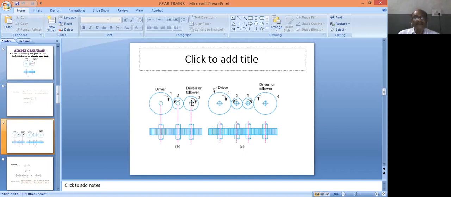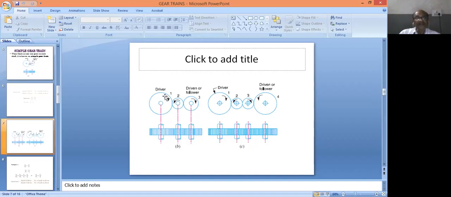Another way is to use an intermediate shaft. Using large sized gears is uneconomical. The other way is to use intermediate gears between the driver and the follower gear. It is economical.